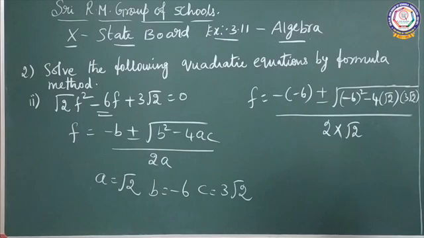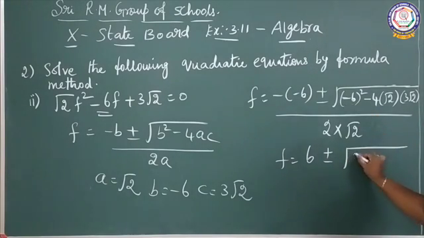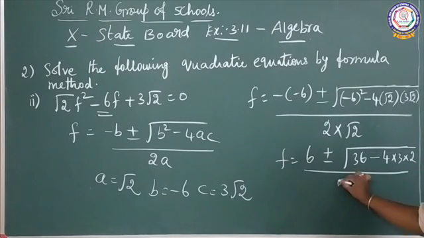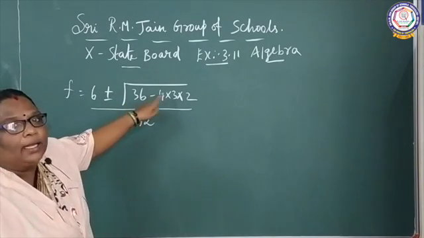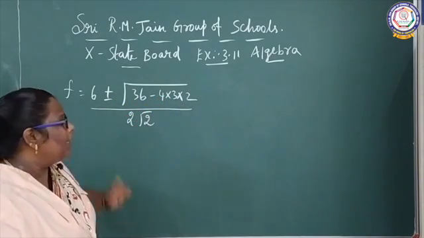2 into root 2. So f equal to minus into minus becomes plus 6 plus or minus root of 36 minus 4 into 3 into root 2 into root 2, which becomes 2, by 2 root 2.